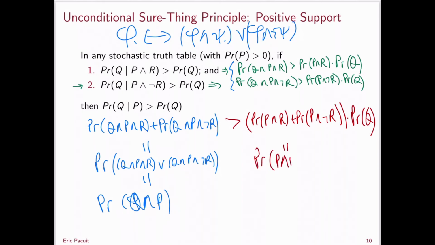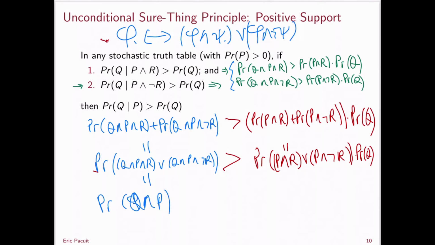So it's the probability of P and R disjunction with P and not R, all multiplied by the probability of Q.